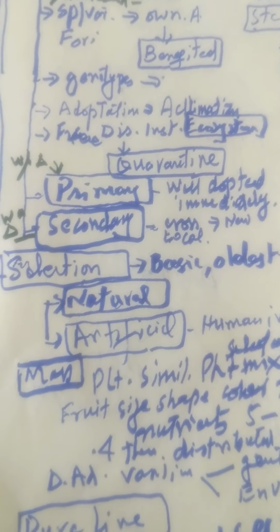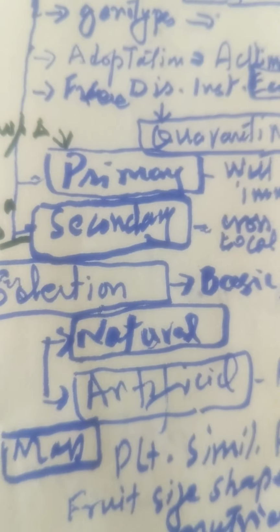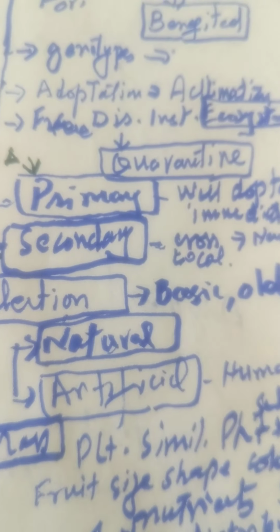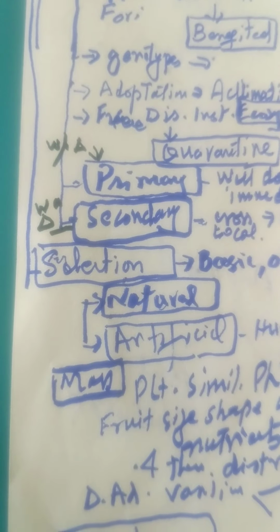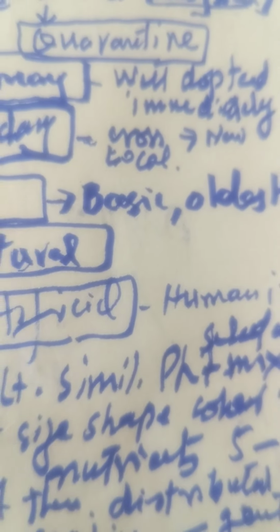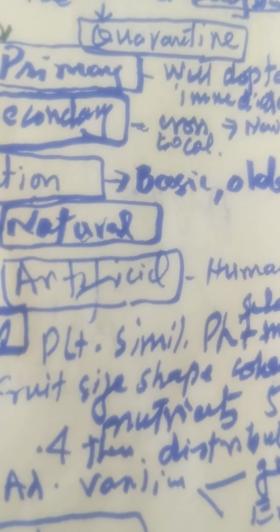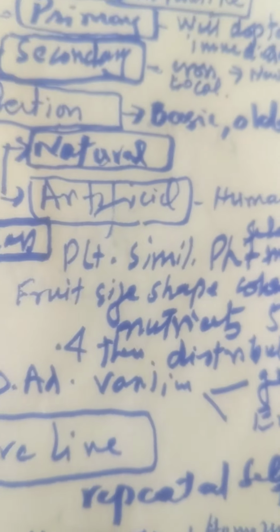Next is selection. Selection is one of the oldest methods of breeding, and it is also called the basic method. It is of two types, natural and artificial selection.